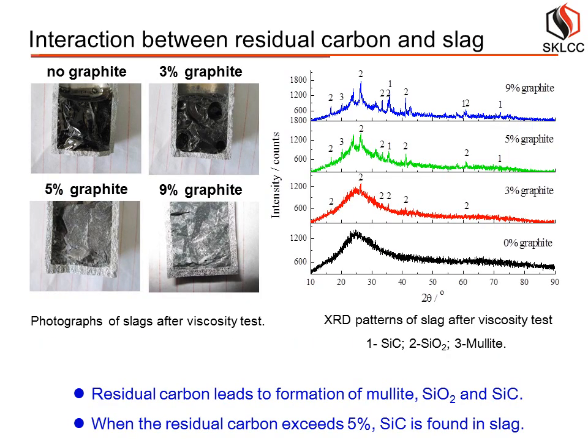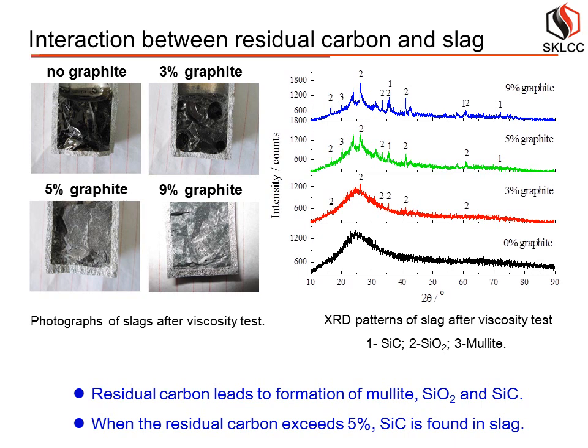And after the slag viscosity test, we cut the crucible, and the slag with and without graphite show different appearance. The slag without graphite looks like glass, while the slag with 5% and 9% graphite shows another appearance. The XRD pattern shows that the mineral composition is also different.